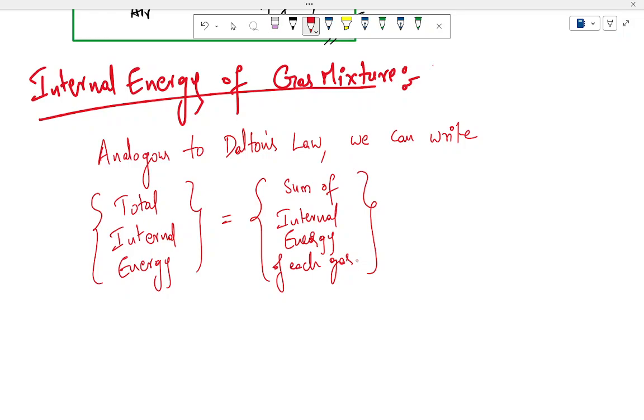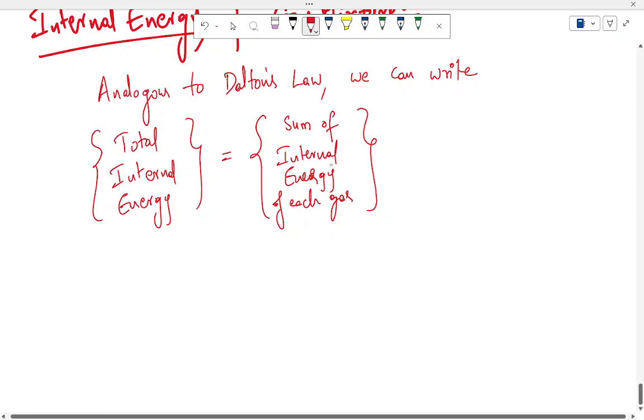Total internal energy is nothing but the sum of the internal energy of each gas.